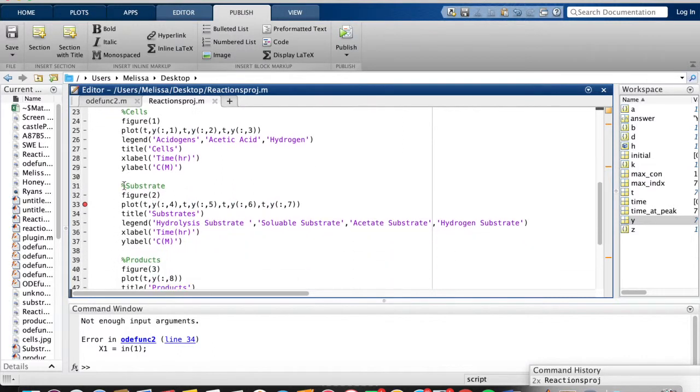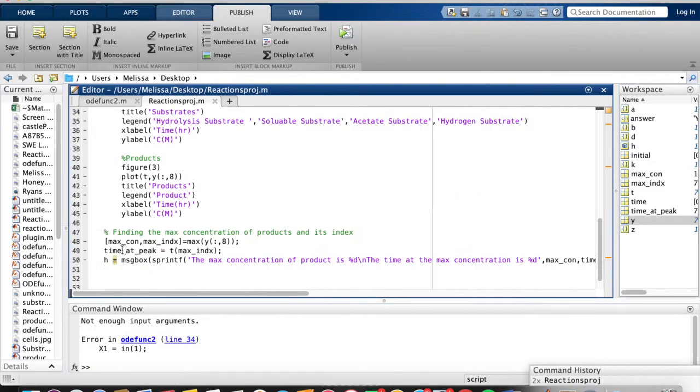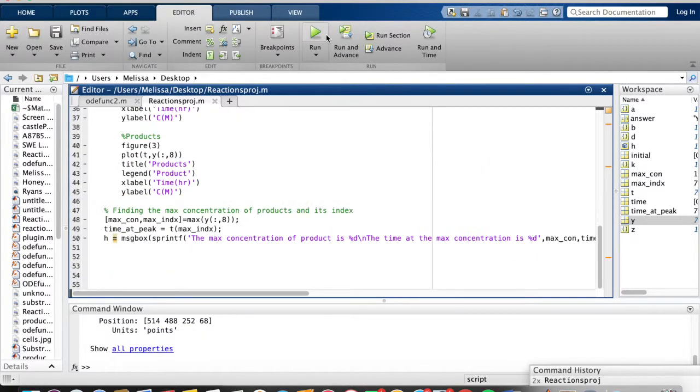So we are spitting out three figures, one plotting the cells, the other the substrate, and the final one the products. Once all that is complete, we find the location and the number where the maximum concentration is in the products figure. And then we spit out a message box that tells that. So now we're going to run the code.